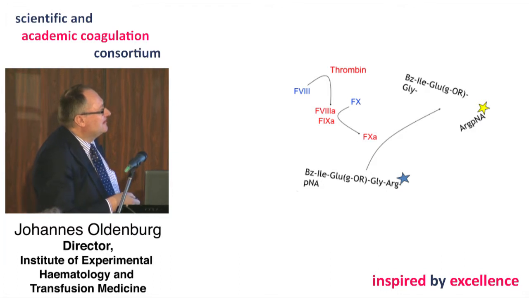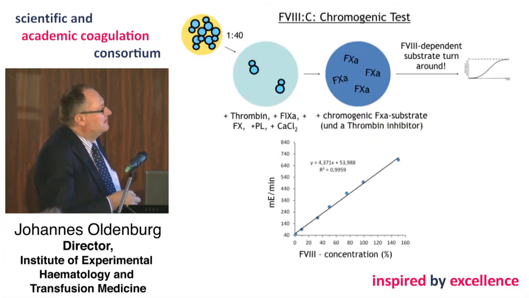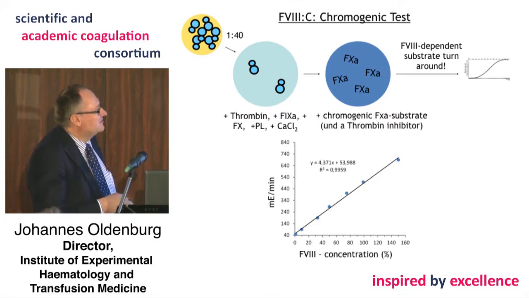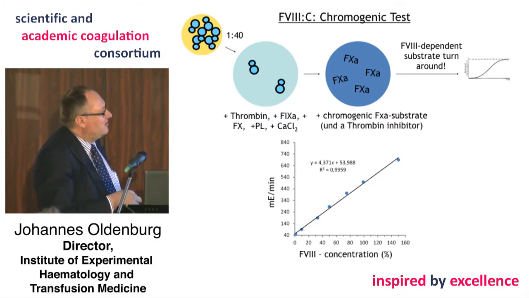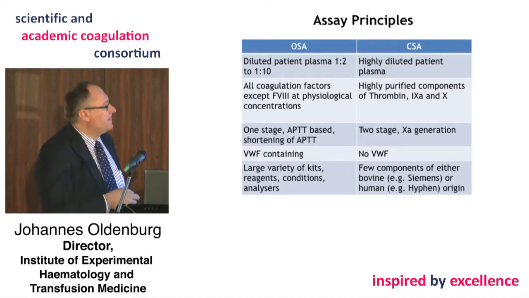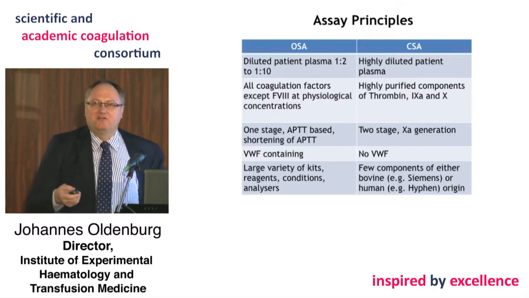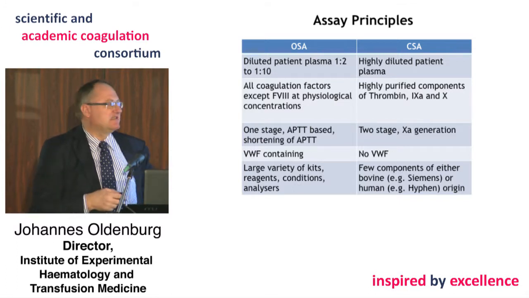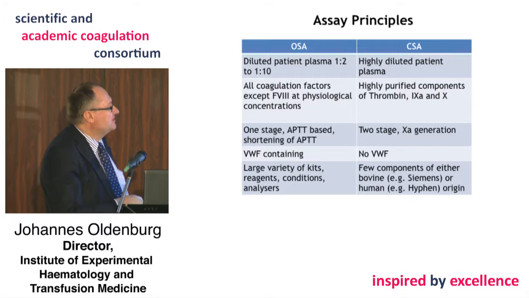So this is a small summary of the assay principles. The one-stage assay has a small dilution. The chromogenic assay is highly diluted. Here we have all coagulation factors present except factor VIII at physiological concentrations. Here we have highly purified components, either of bovine origin in most chromogenic assays or human origin.